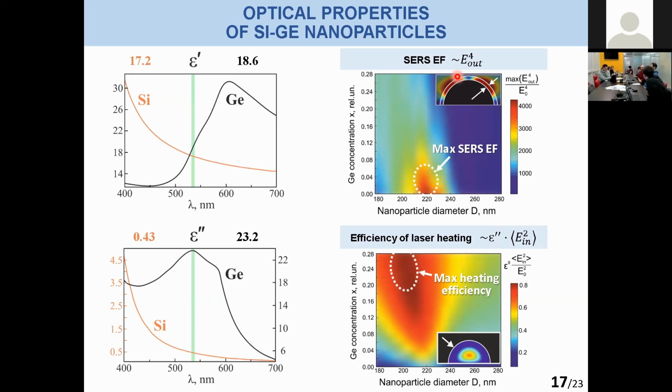But how precisely can you control the stoichiometric ratio of germanium to silicon? About half a percent, around this.